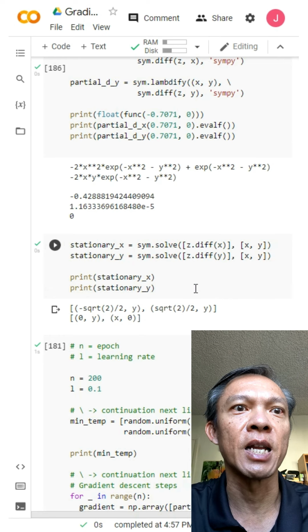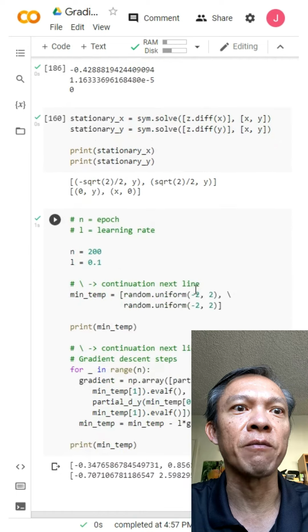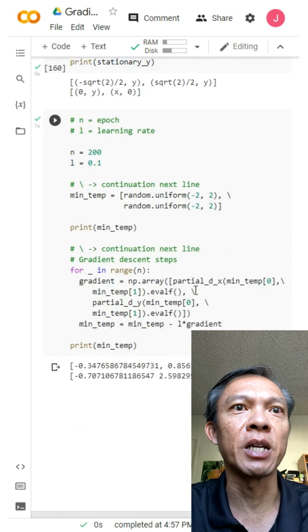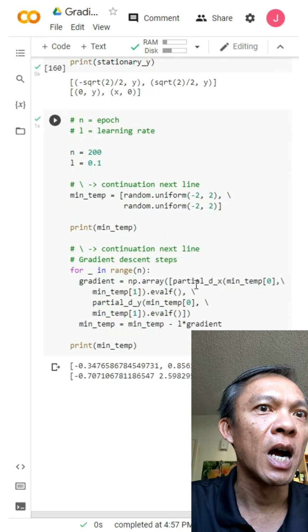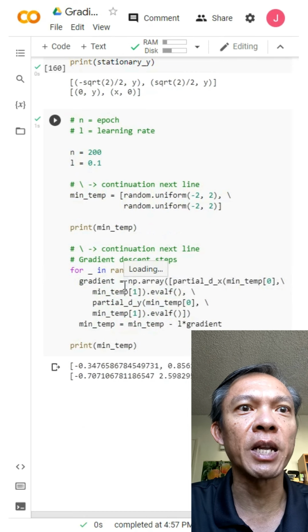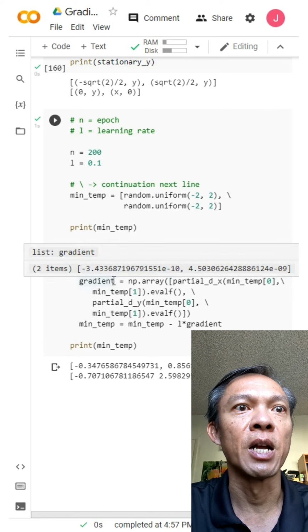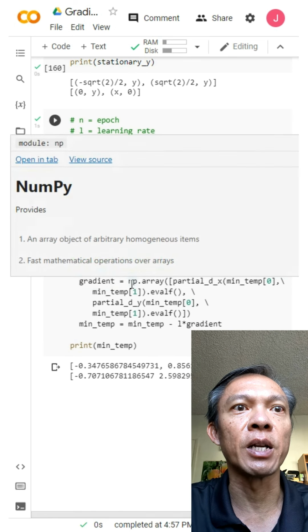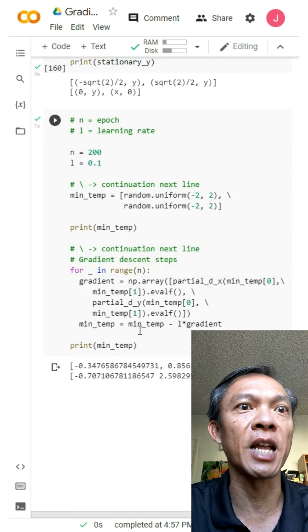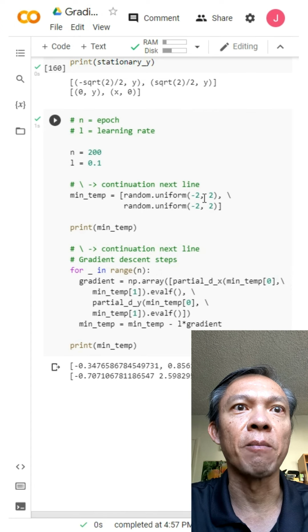So for the training, it's going to be a bit more complicated than the one-dimensional gradient. But the conceptual step is just the same. For example, we start a point at this guy and this guy right here.